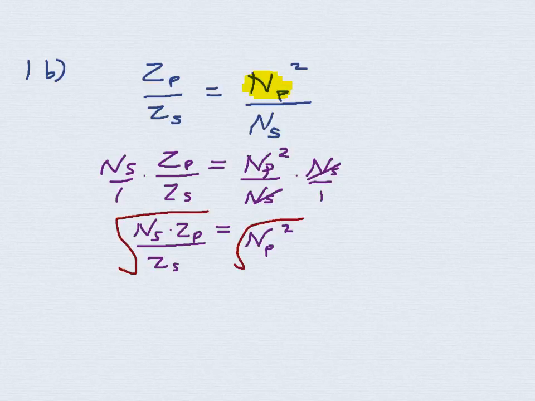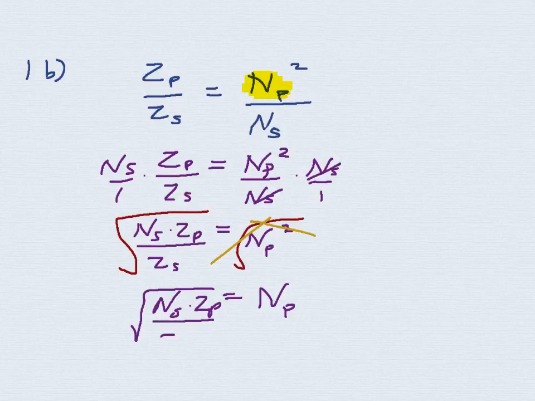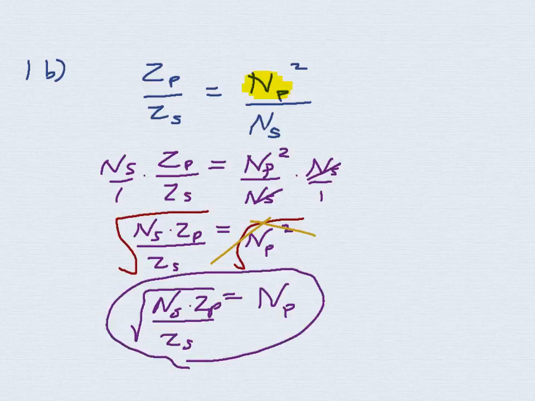The reason you did the square root was so that you could cancel the root sign in the square, and that'll leave you behind with the NP, the subject by itself, and that equals the square root of NS times ZP over ZS. And that one's done. The variable in question, NP, had a square in the question. You can anticipate there'll be a root in your answer.